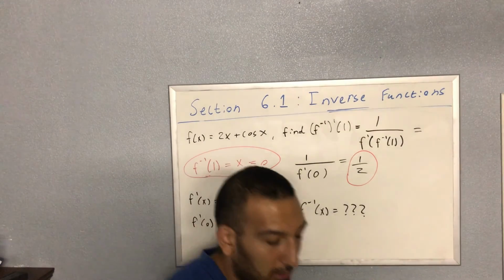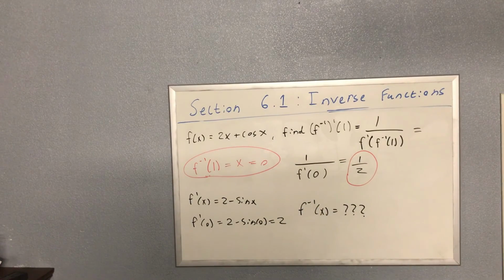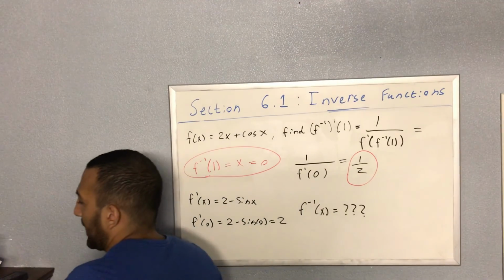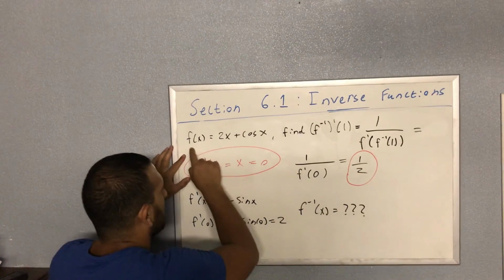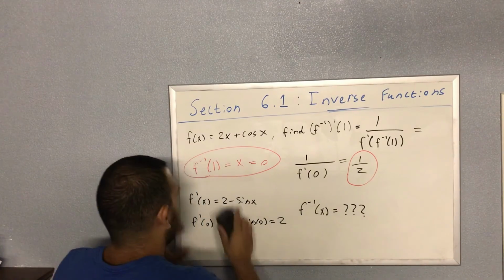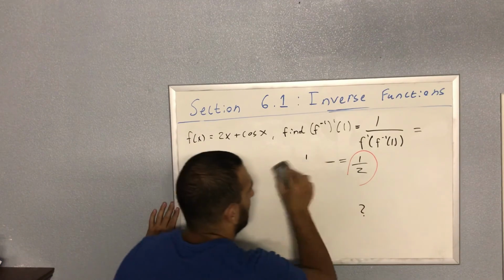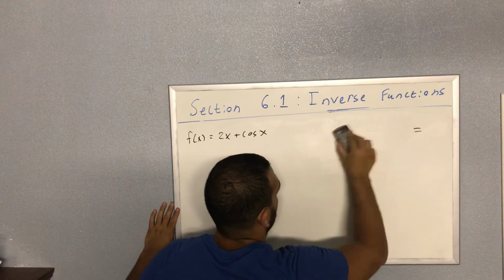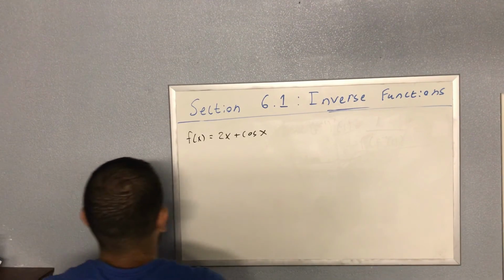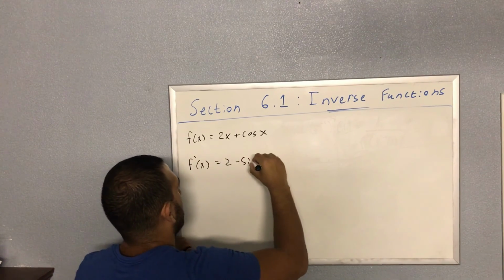Okay? Now, there's one small, minute detail that we have to think about, which is how do we know the inverse function of this thing exists? Well, it goes back to the fact that this function is always increasing. So notice we took the derivative, right? F prime of x was just 2 minus sine of x.